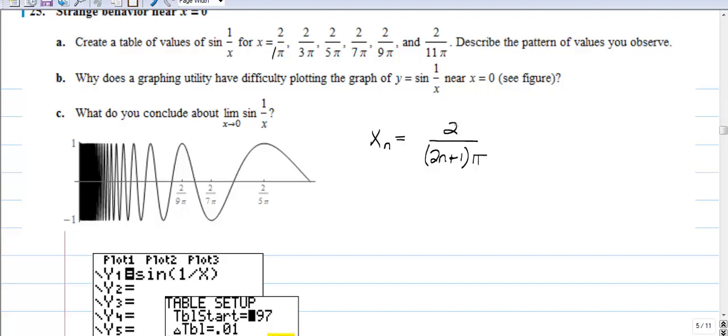So that would be my x sub n, where n starts with 0, because when n is 0, 2 times 0 plus 1 is 1. And when n equals 1, 2 times 1 plus 1 is 3, and so on. So 2n plus 1 starting with 0 will lead you to the odd numbers. That's kind of interesting just to notice.